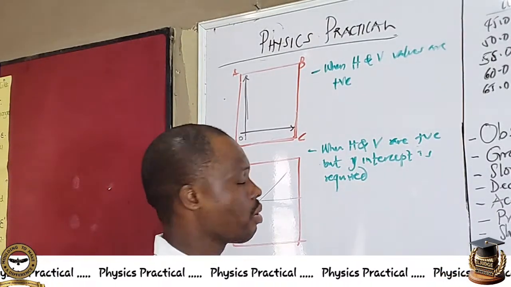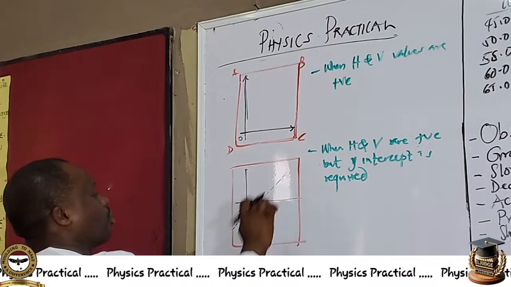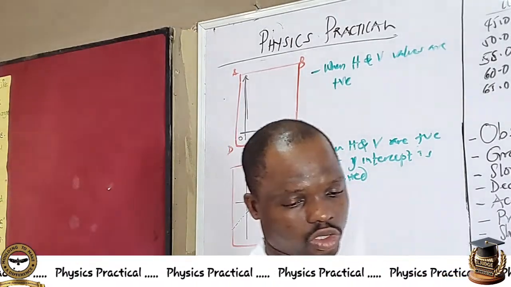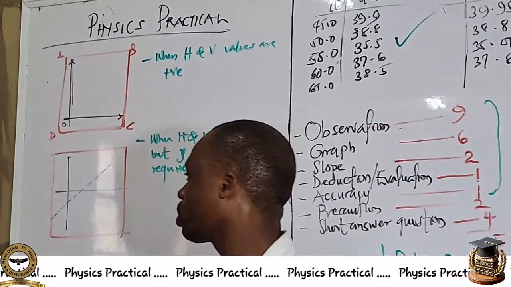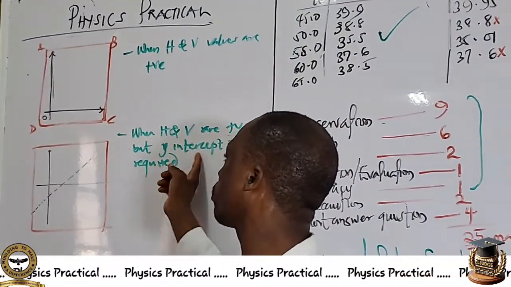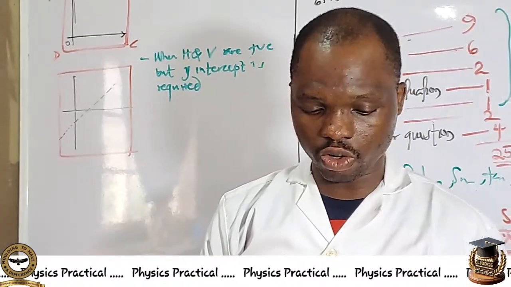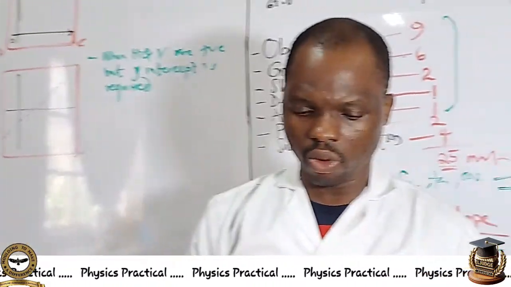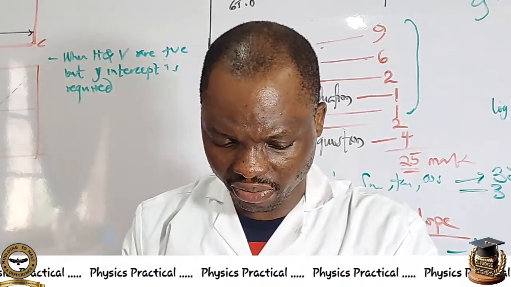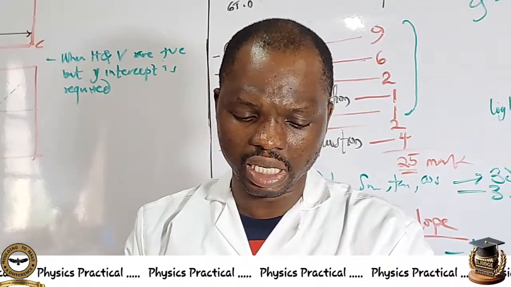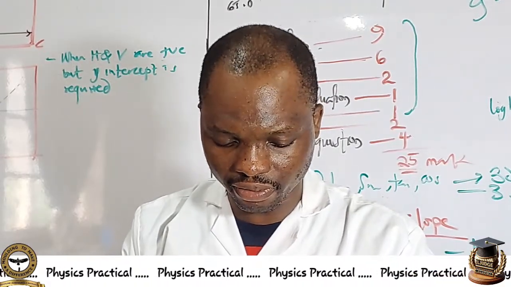So we have a situation where you are required to find the y-intercept, which is going to be a negative value. Also, it's possible that when all the horizontal and vertical values are positive, the question requires that you determine the intercept on the horizontal axis, which should be negative.